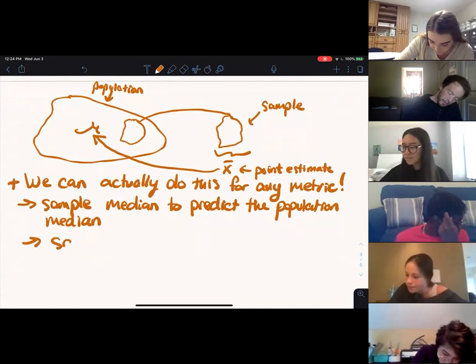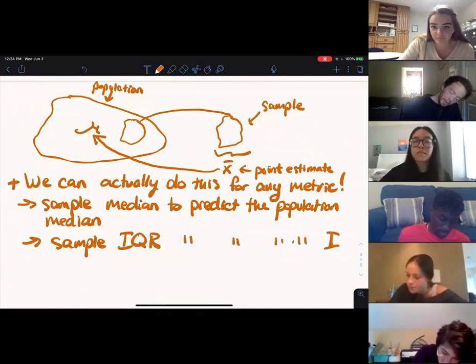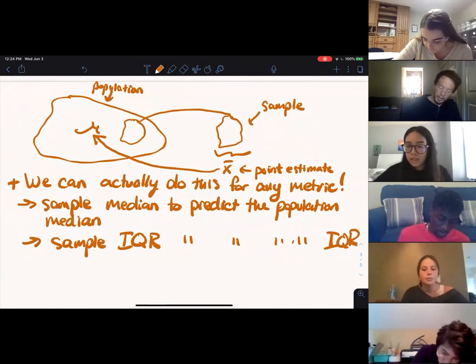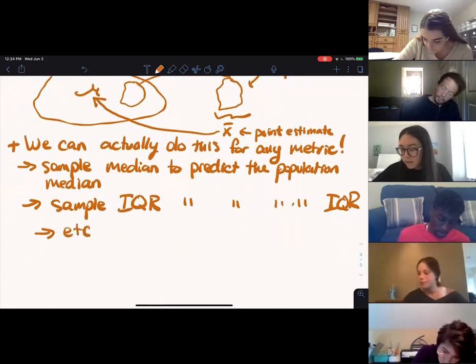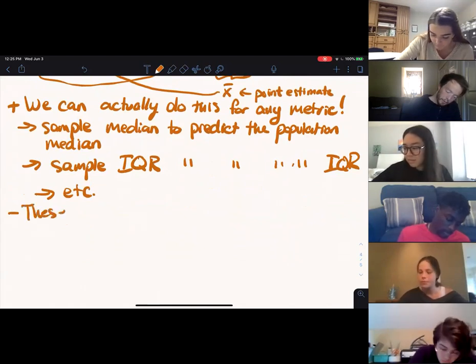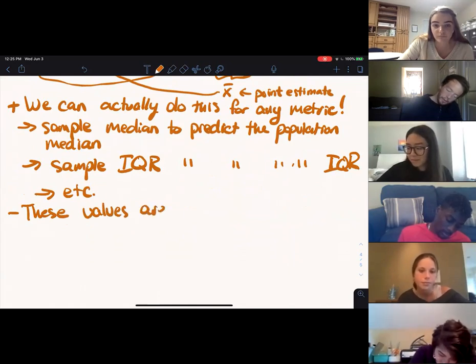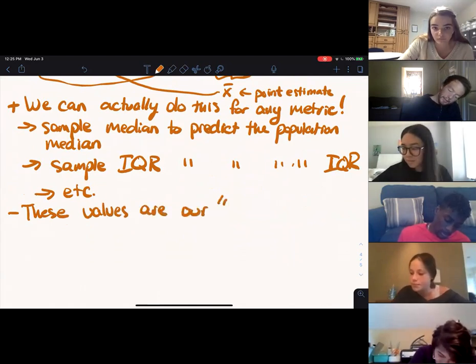Or the sample IQR to predict the population IQR, right? And so on and so forth. These values are our best guesses.